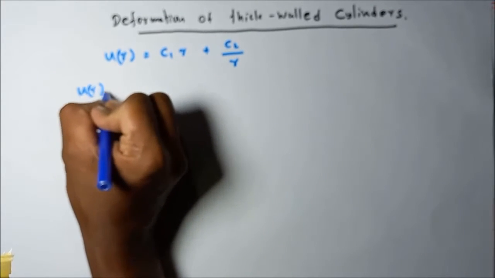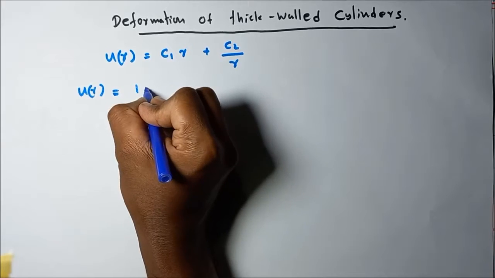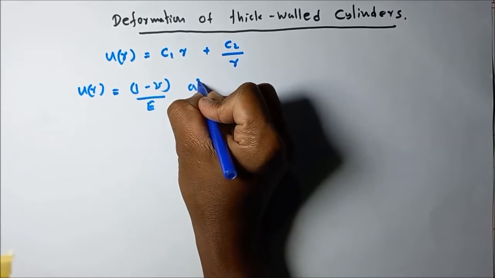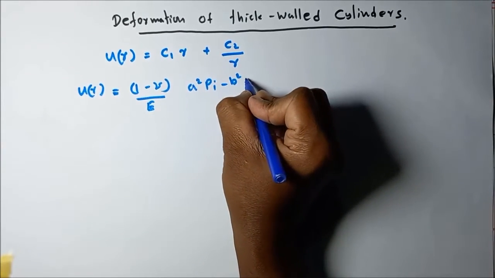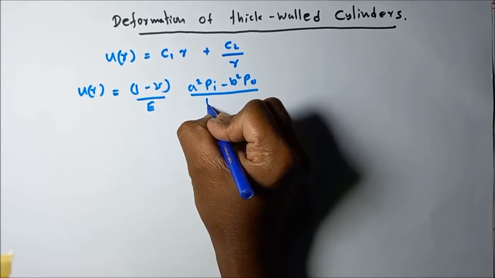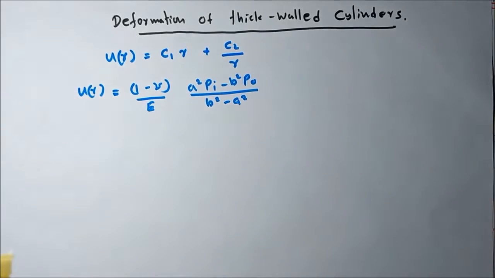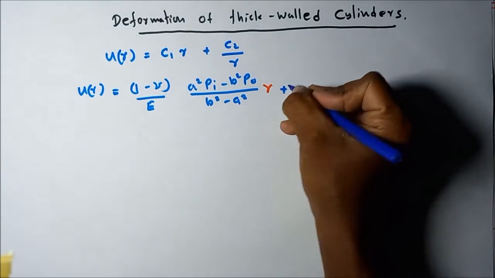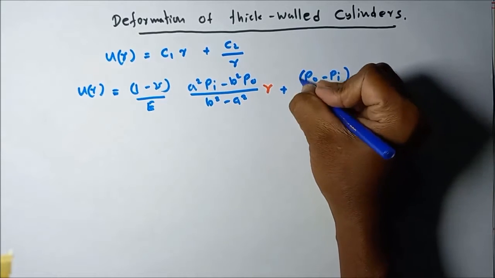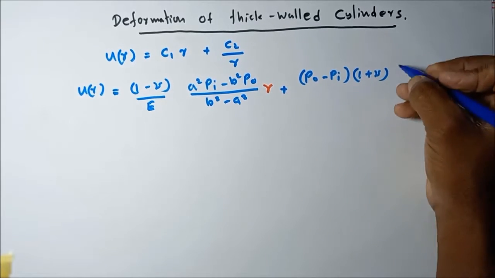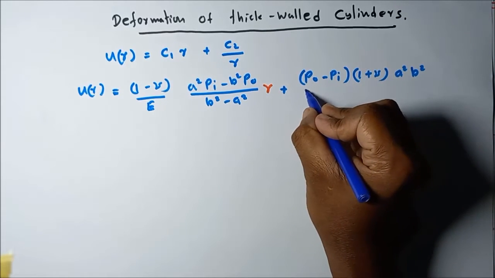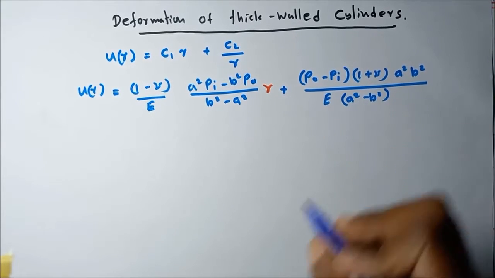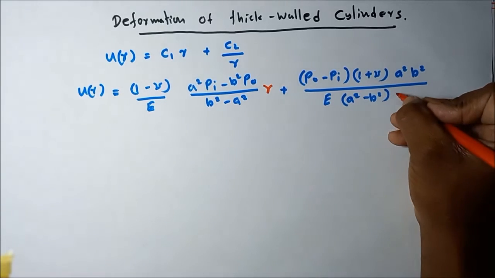Okay, ur equation is equal to (1 minus nu, Poisson's ratio of the material, divided by E, elastic modulus of the material) times (a square pi minus b square po divided by b square minus a square) into variable r, plus (po minus pi) (1 plus nu) a square b square divided by E (a square minus b square) into 1 by r.